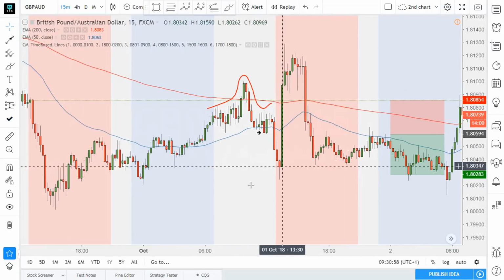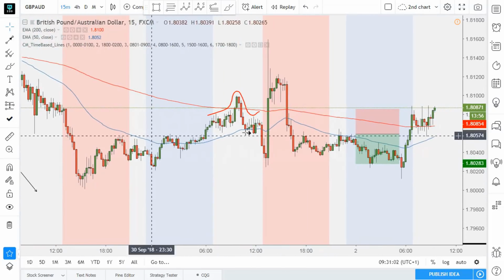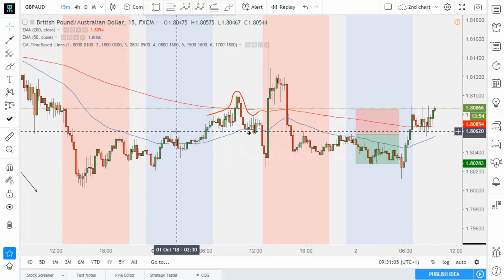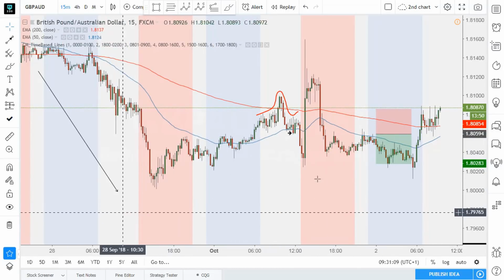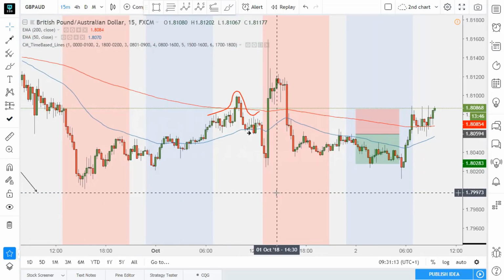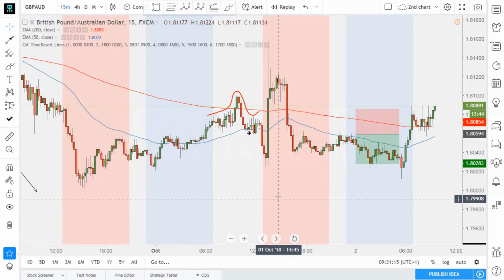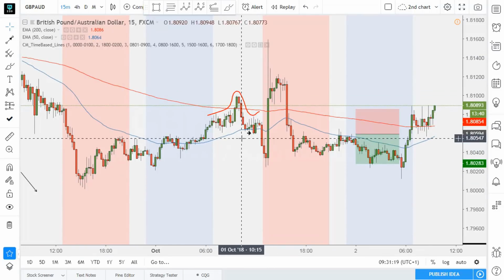So this setup met all our criteria. It was a beautiful pattern formation. We didn't have any strong key levels or trend lines near this setup, so it was a clean setup. We had our confirmations from the other pairs, the pound pairs as well, and the AUD USD, and we had an ideal entry.